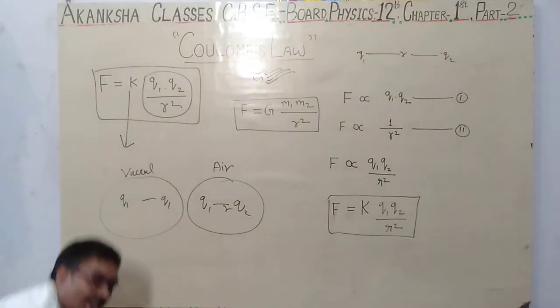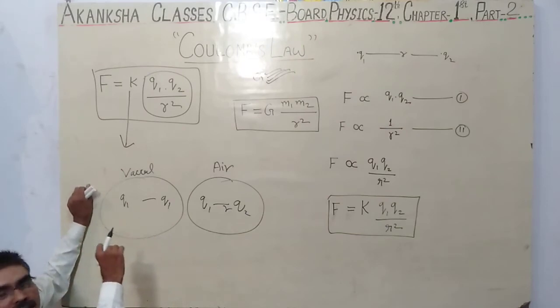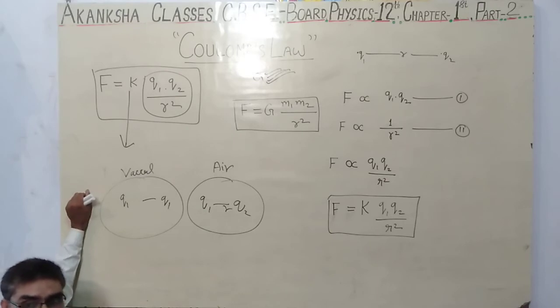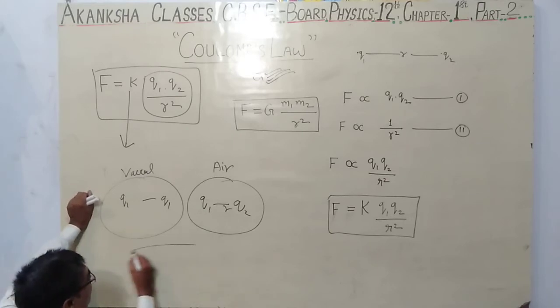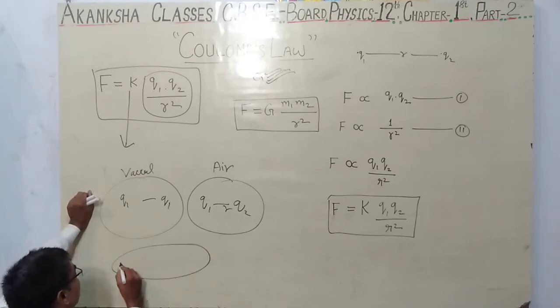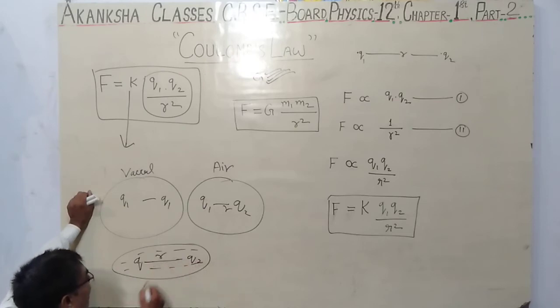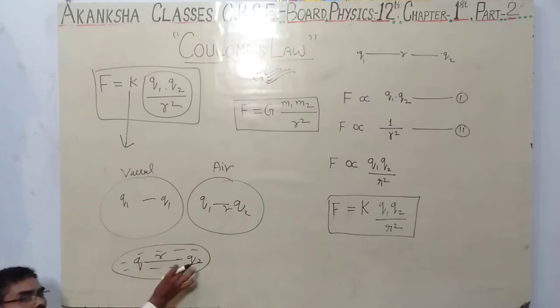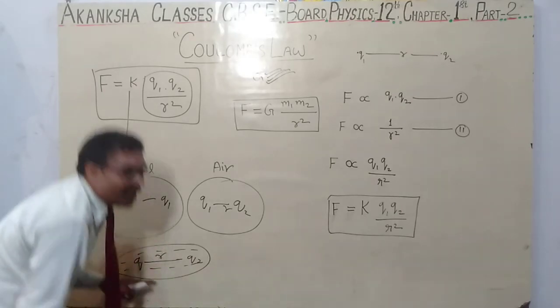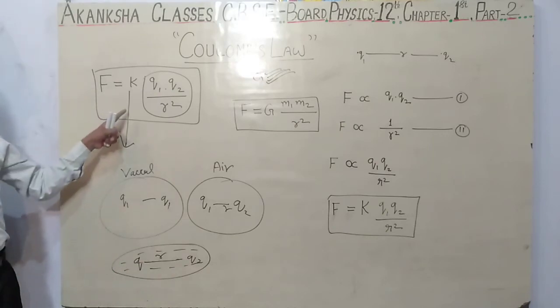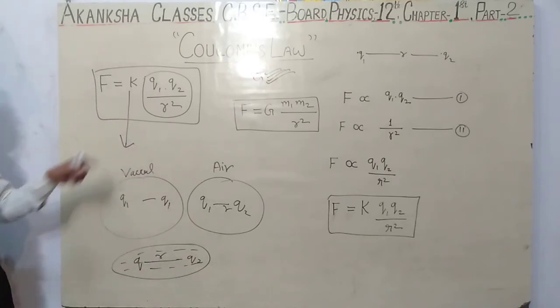But if we do the same experiment, if we make the same activity in water, and put the two point charges with the separation of R, then the value of K is not constant. This means the value of K depends on the medium.